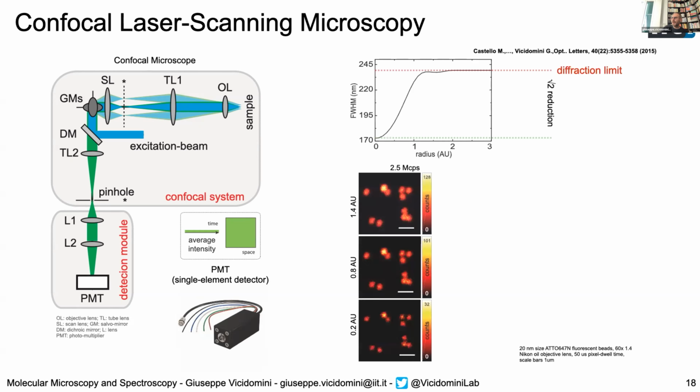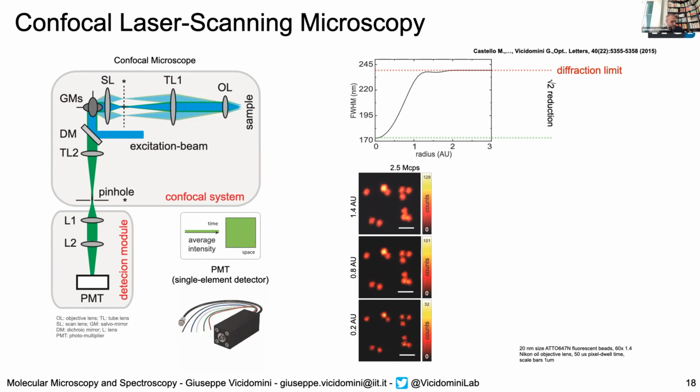But I don't know if you are also aware that the confocal microscope was also the first effective microscope system able to overcome the diffraction barrier. Indeed, if you close the pinhole of your confocal microscope, you not only reject the out of focus light, but you also squeeze the point spread function of your system.